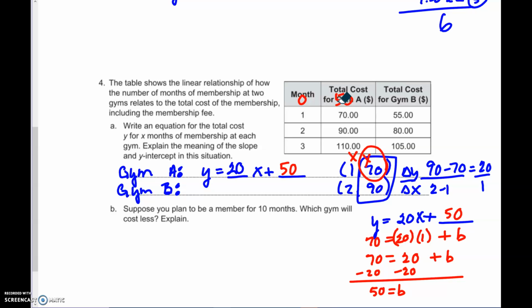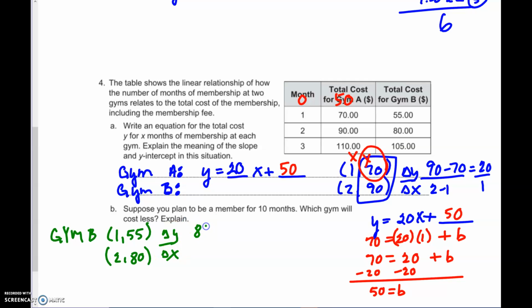All right, we're going to go do the same thing for Gym B. So for Gym B, I'm going to find out what my slope is. So I'm going to do that over here in green. So Gym B, that first ordered pair is 1, 55. And the second ordered pair is 2, 80. All right, so remember, y's go on top, x's go on the bottom.